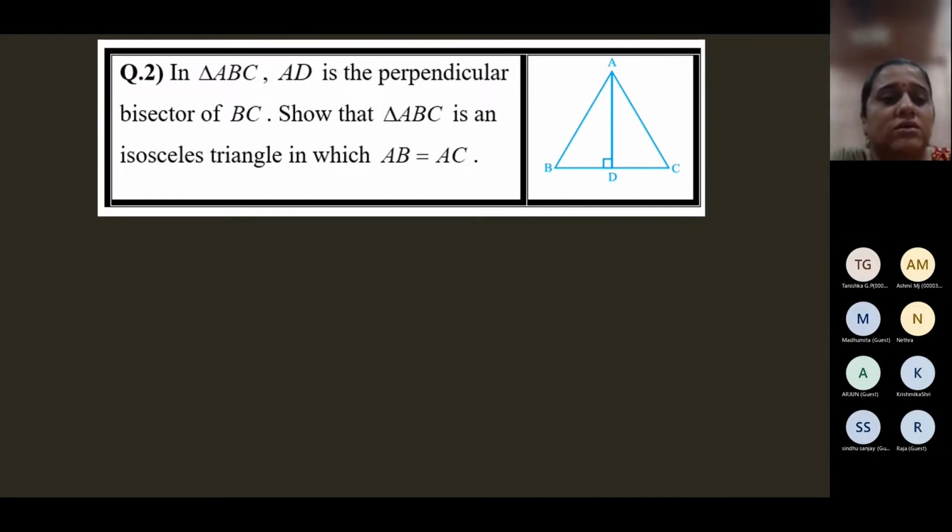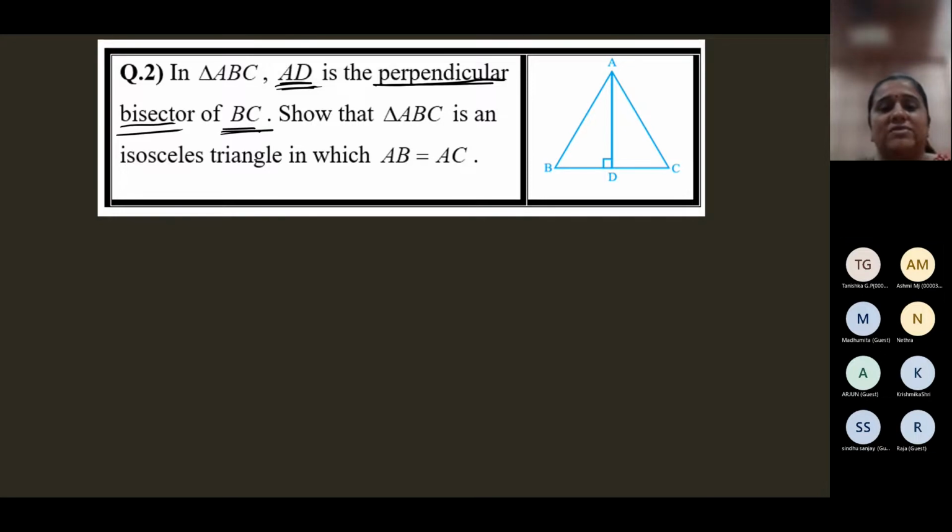So here, in triangle ABC, AD is the perpendicular bisector of BC. Sometimes we are not sure about the meaning of this phrase. Perpendicular bisector of BC, not an angle. AD, this line segment, is the perpendicular bisector of this line segment.